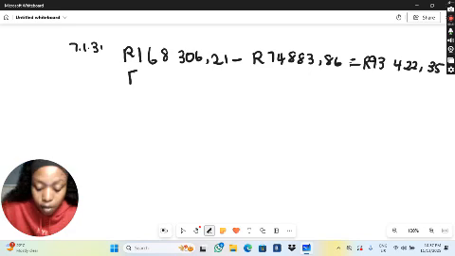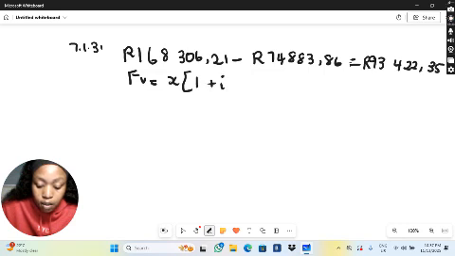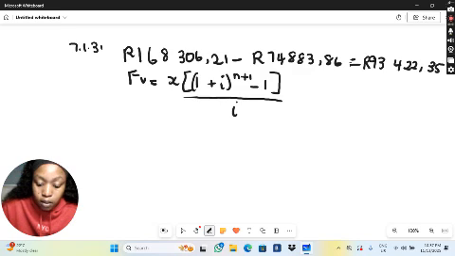So for the sinking fund, we are going to say that this will be F. Our formula is F is equal to X into (1 plus i) to the power n plus 1, minus 1, all over i, which will be equal to 90,000.